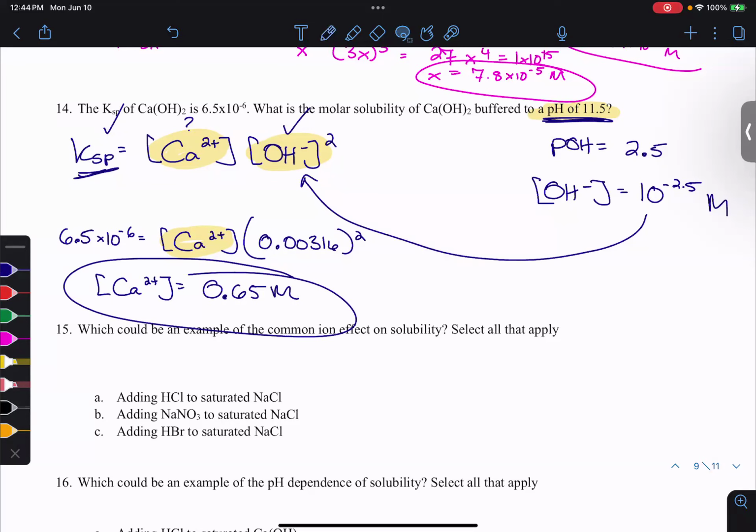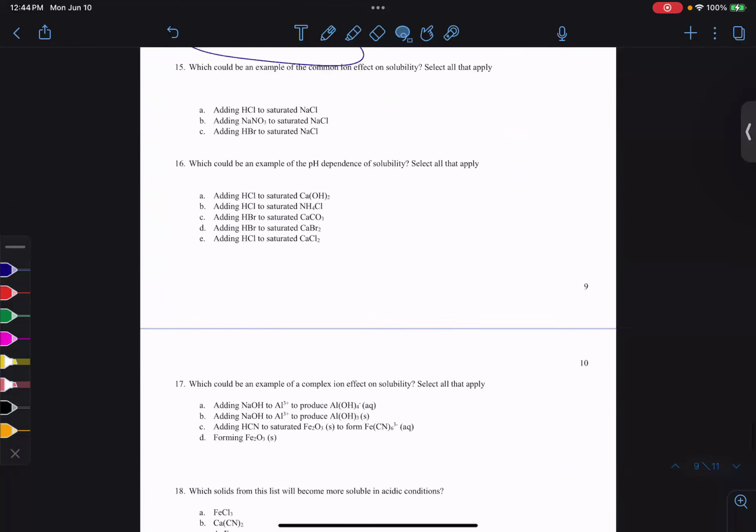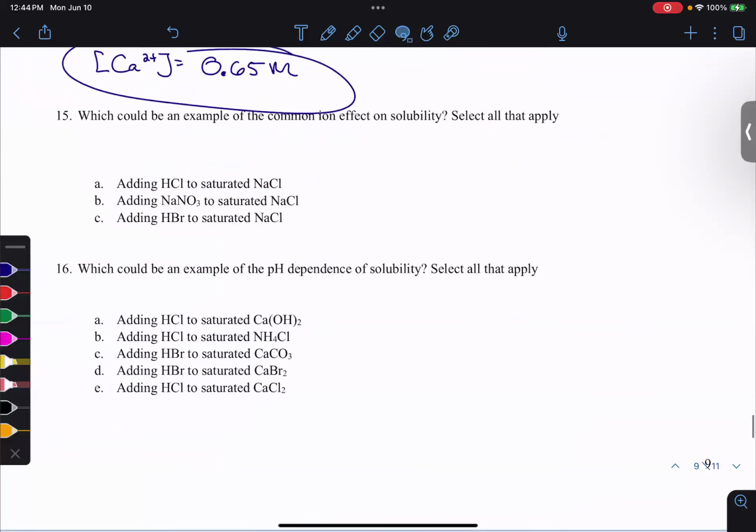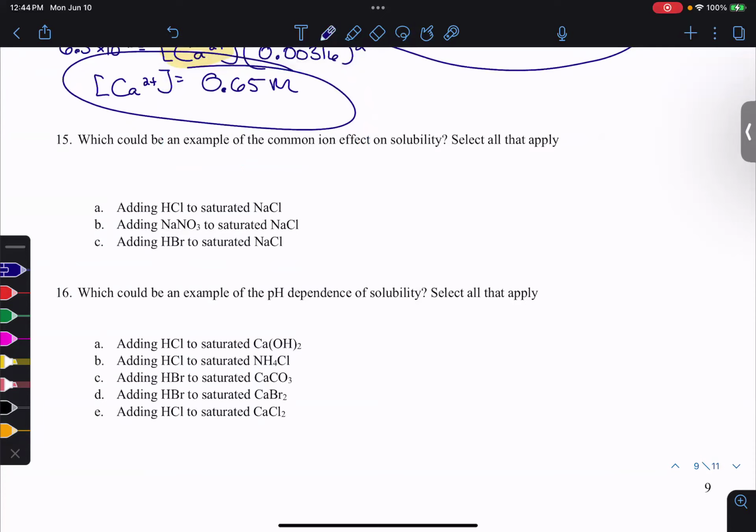Okay, so a little bit more in chapter 17. Oh, not that much more. Okay, so we looked at solubility trends, all right? We did KSP. It in itself is an ice table. And so there's ways that we could affect the solubility of things.